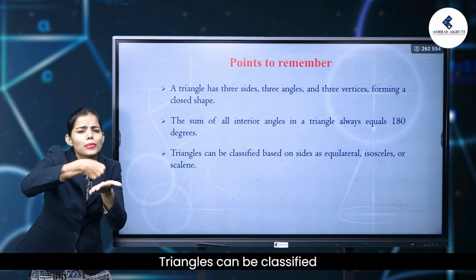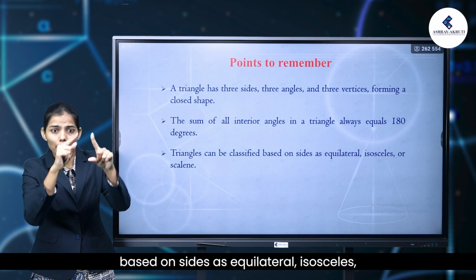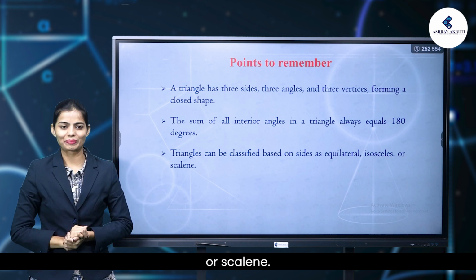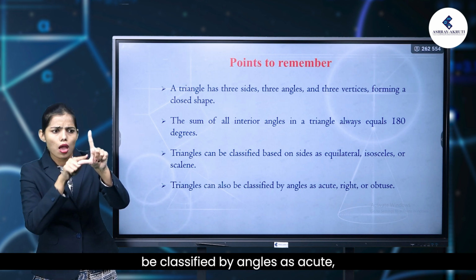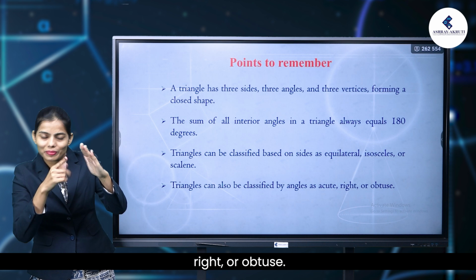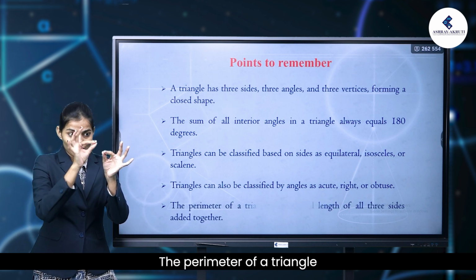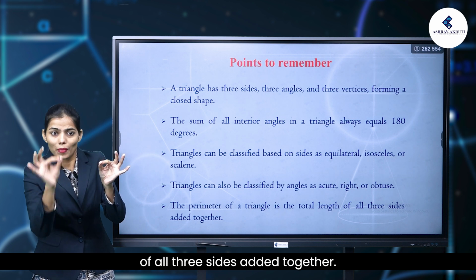Triangles can be classified based on sides as equilateral, isosceles, or scalene. Triangles can also be classified by angles as acute, right, or obtuse. The perimeter of a triangle is the total length of all three sides added together.